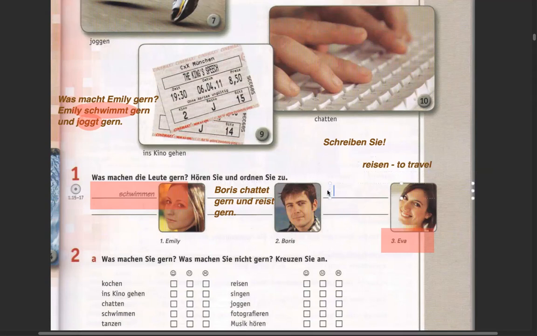Eva, Leute. Eva fotografiert sehr gern. Good. Eva fotografiert gern. Und?